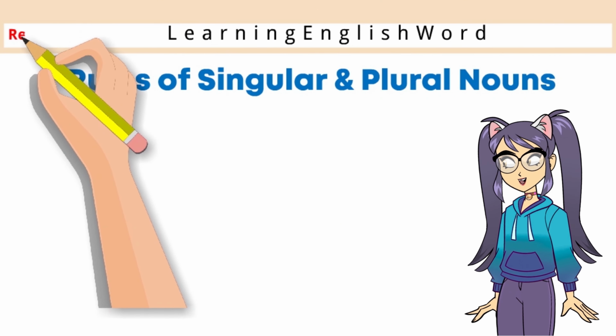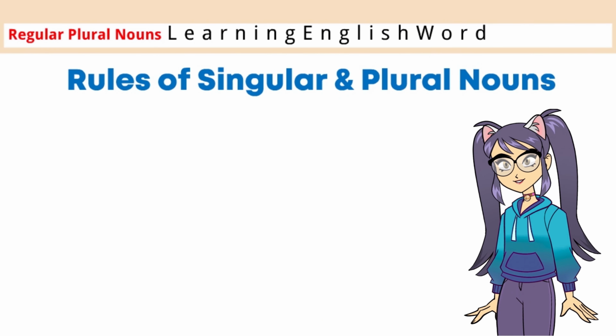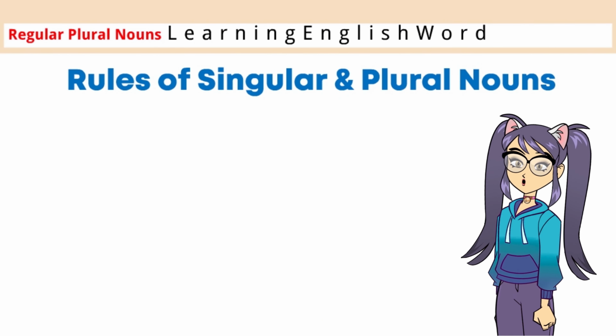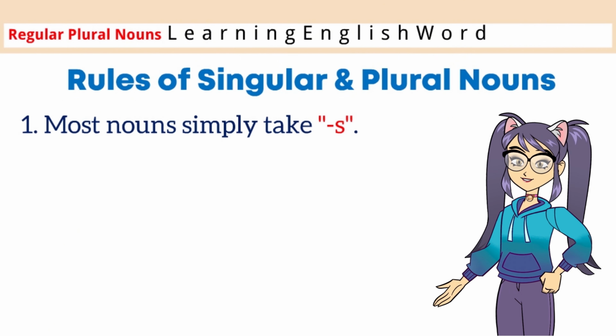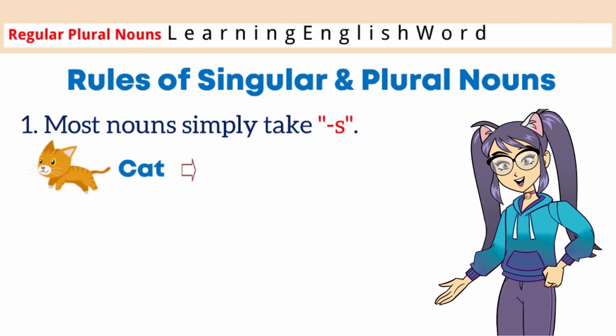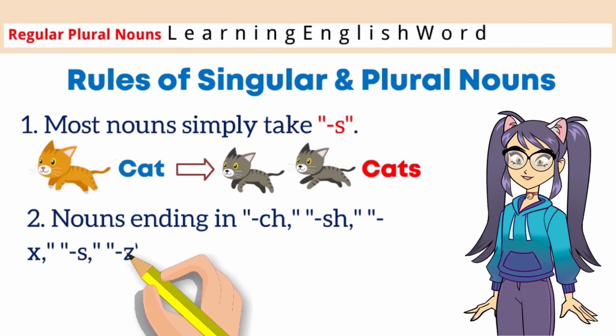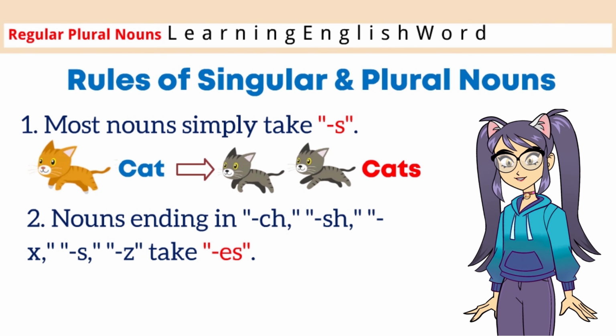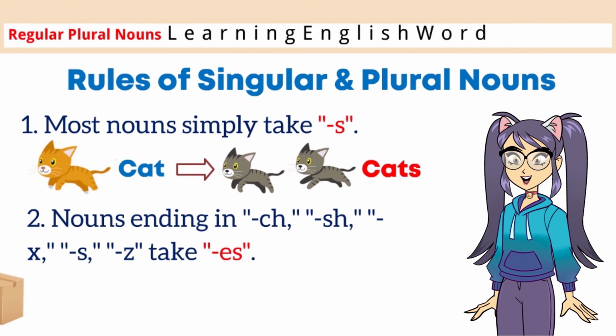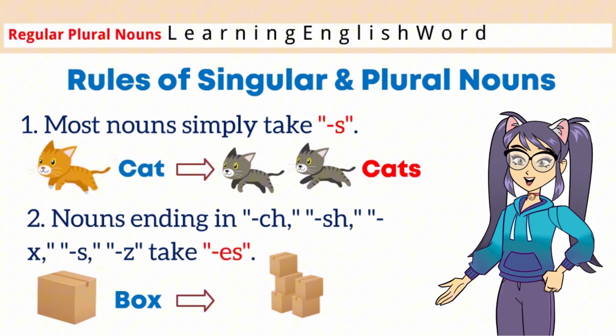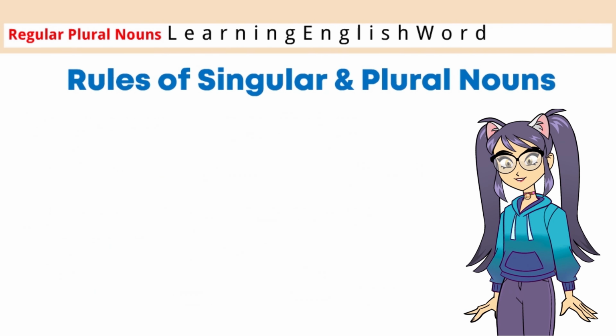For regular plural nouns, we have 4 rules. 1. Most nouns simply take S, like the plural of cat is cats. 2. Nouns ending in ch, sh, x, s, z take es, like the plural of box is boxes. 3.